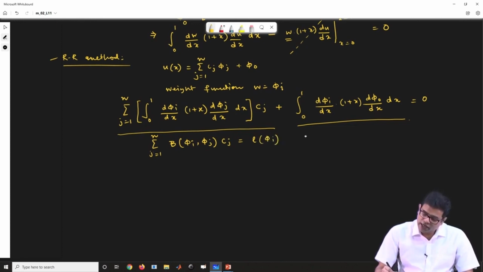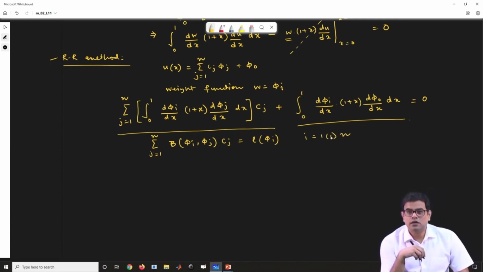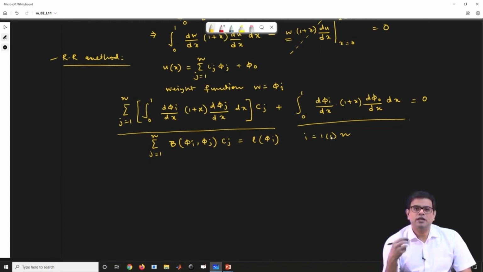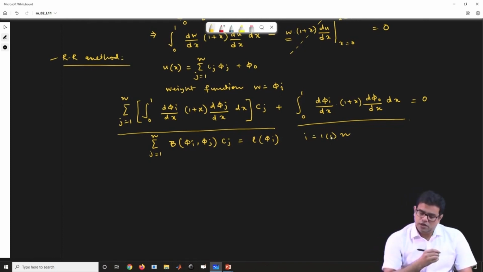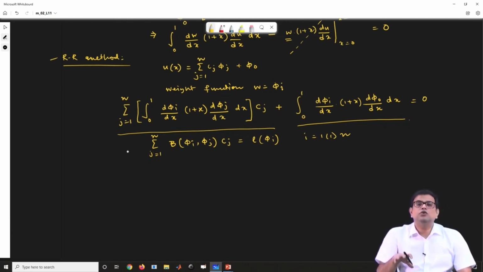So now here i equals 1 to n. So this will give me n equations. So from that n equations I can find out the Cj's. So now the main important part is how to choose this φ0 and φj's and φi's.